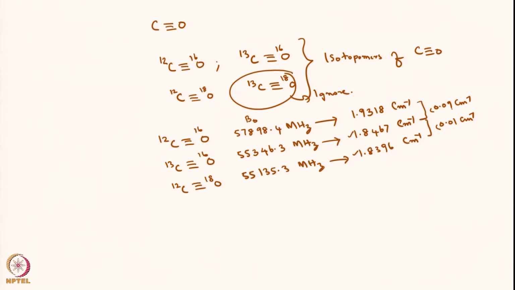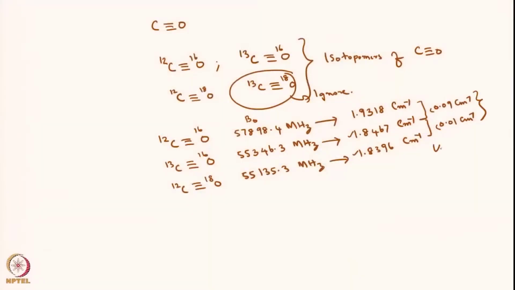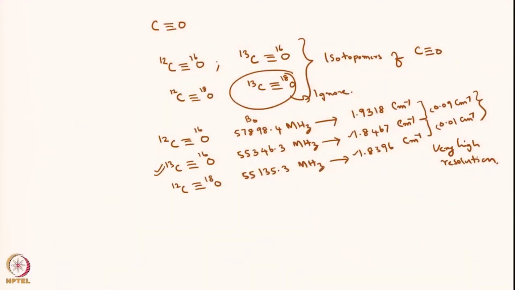So if I have to distinguish the isotopomers of carbon monoxide, the microwave spectrometer that records this rotational spectra should have very high resolution, so that I can separate out these isotopomers. By the way, oxygen 18 is not abundant, but carbon 13 has 1% natural abundance. In fact, there are spectrometers in which you can record the spectrum using natural abundance.